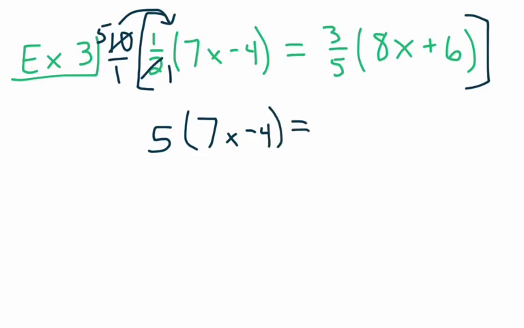Going over that one more time, I had this 2 in my denominator of this fraction, 10 in my numerator of this fraction, so I'm doing some canceling. 2 is my factor for 2 and 10, so 2 goes into 2 once, 2 goes into 10 5 times. So now I have this 5 times this 1 gives me this 5.